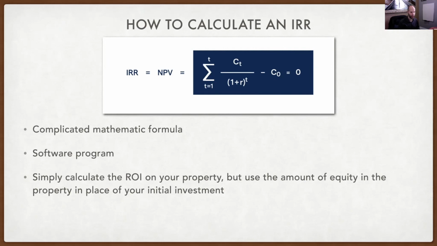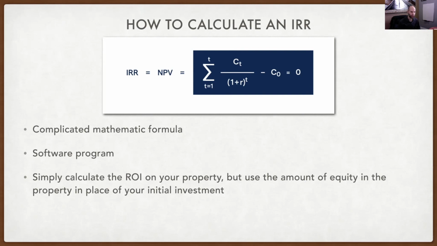But the quickest, simplest way to do it, and again, this isn't the proper mathematical formula, is to calculate your return on investment, but instead of using the amount of the original investment, use how much capital you think is in the property, how much equity you actually have in that property.